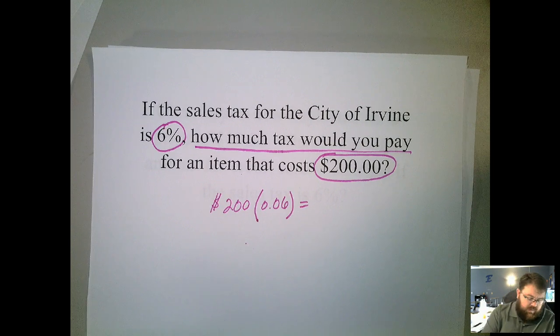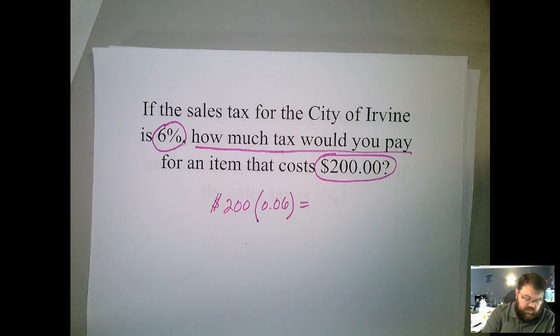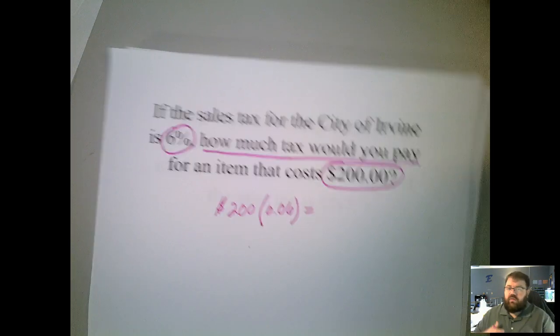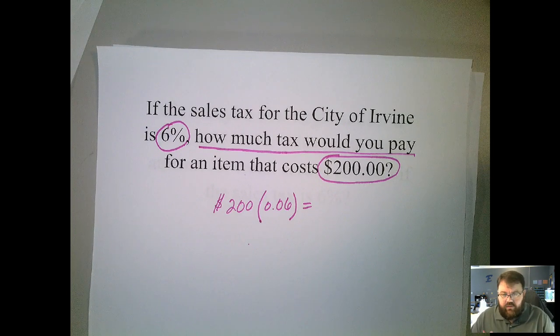Okay? What we need to do is make sure that we are reading the questions very carefully, because this has been the biggest mistake. Even when we were talking about simple interest last week, a lot of students struggled when it would ask us how much interest a particular account would earn instead of how much was in the account, and it cost us to miss those questions.